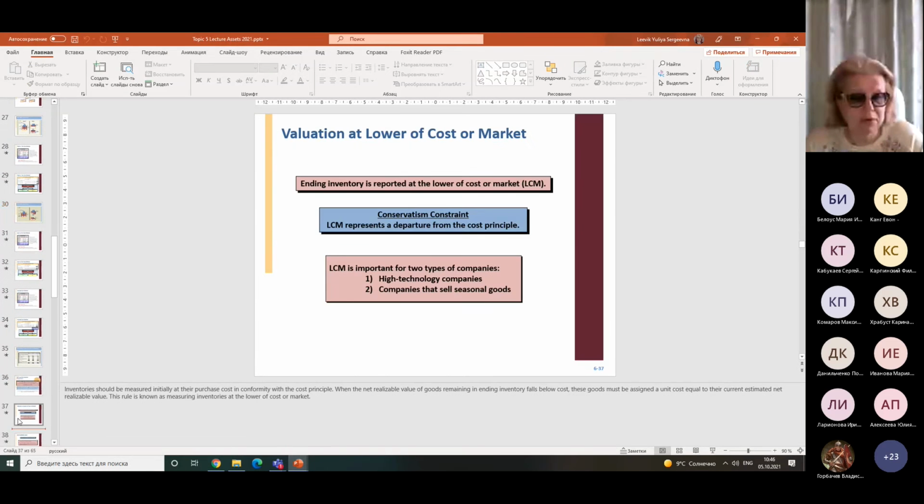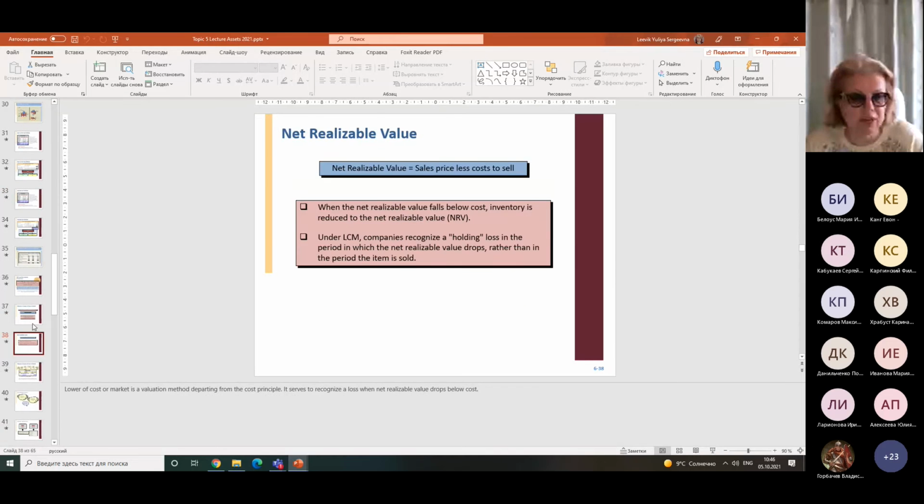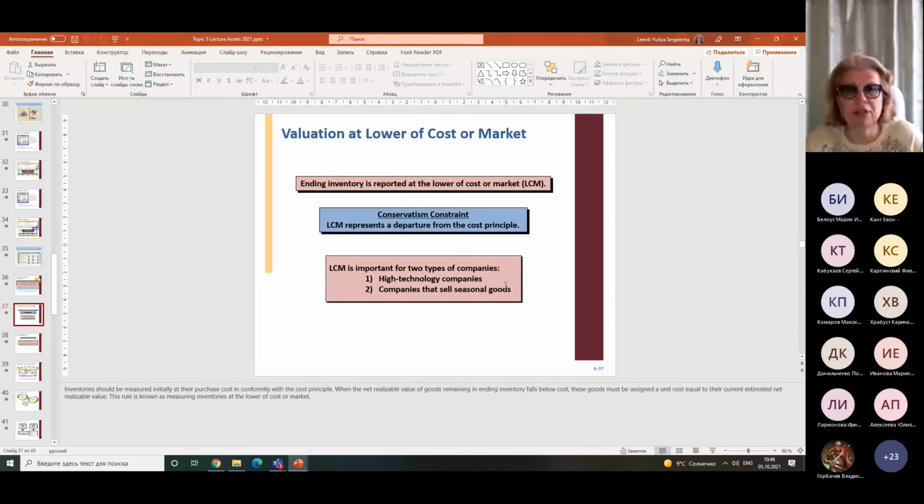Good. Finally, I would like to comment on the valuation at the lower of cost or market. Ending inventory is reported at the lower of cost or market. Please read this material by yourself. We don't have any exercises in our practice, because the computation of lower of cost or market is really very simple.